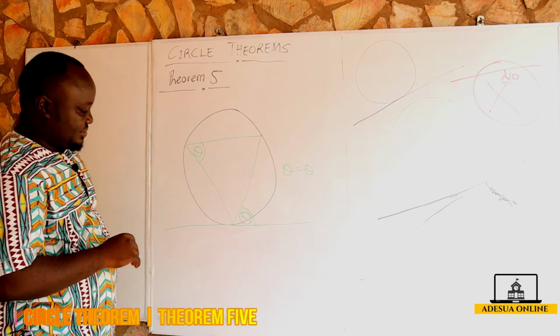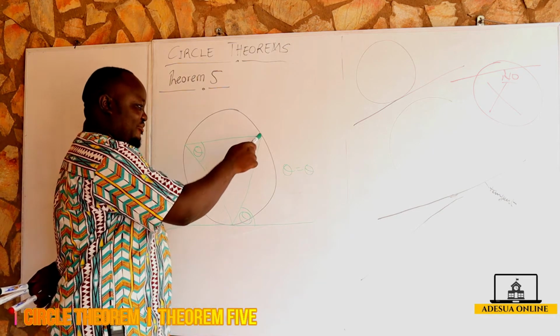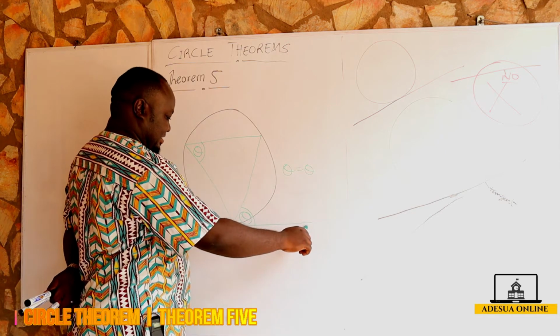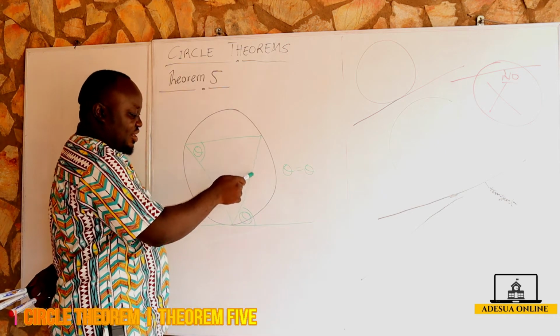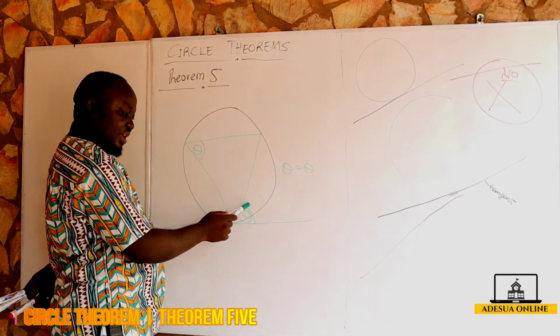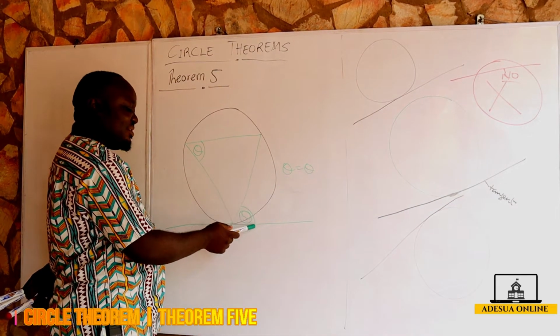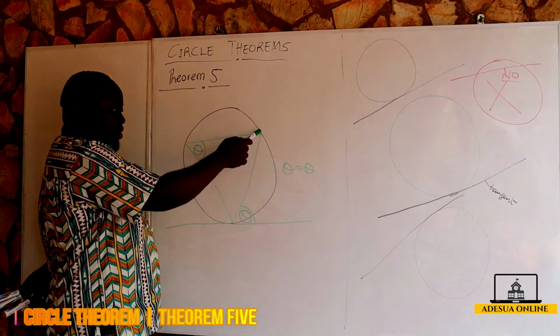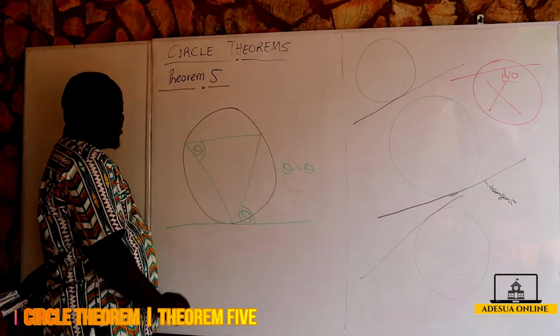Let me go again. If I have a chord and a tangent, the angle between the end of this chord and this tangent, which is this angle theta, is equal to the angle this chord subtends at the circumference of the circle.